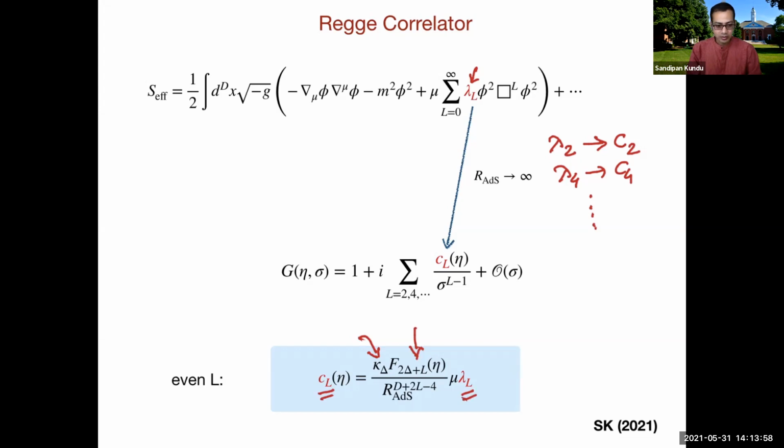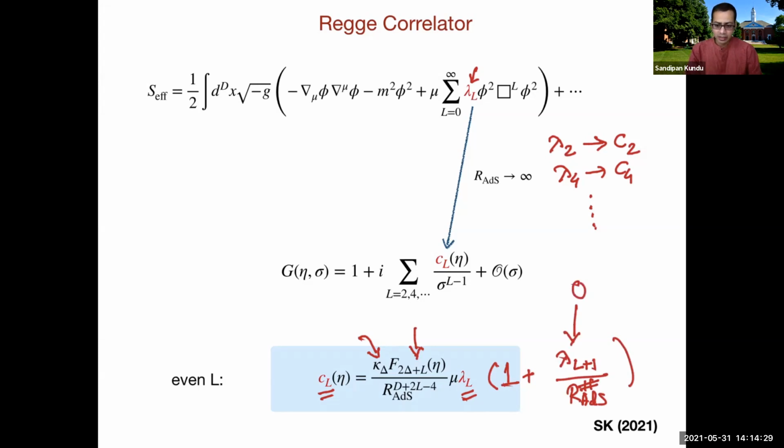Now you can ask me about odd L. What happens for odd L? Actually, the odd L contributions are always subleading. So this relationship is not actually exact. I have an additional term, which is basically lambda_{L+1}, which is the odd term, but this is suppressed by some higher power of R_AdS. So that's why this can be ignored.